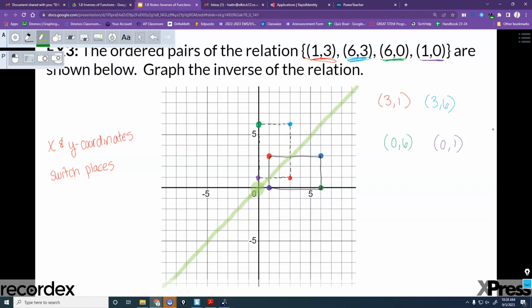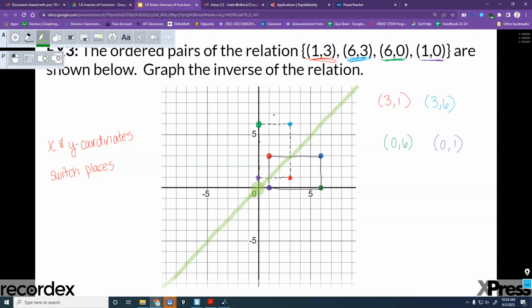Right here. Now, it's a little hard to see, but look at the red points. What do you notice about those? Same distance away, right? What about the purple? They're the same distance away from that line. The green, same distance, and the blue are the same distance. If you think about just taking all those points and flipping it over that line, that gives you your inverse.